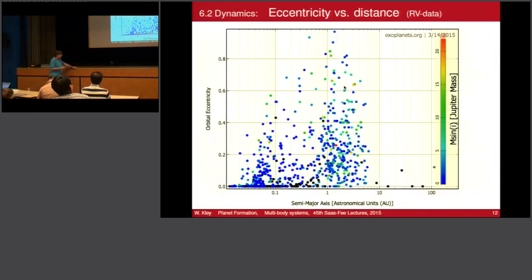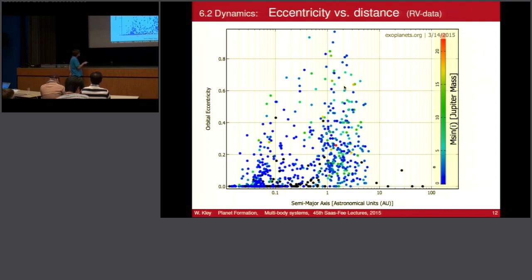So we want to understand the high eccentricity distribution of planets and the inclination distribution, okay? But I only show this picture here, the inclination picture is somewhere else. So this is the orbital eccentricity of the observed planets versus separation from the star.